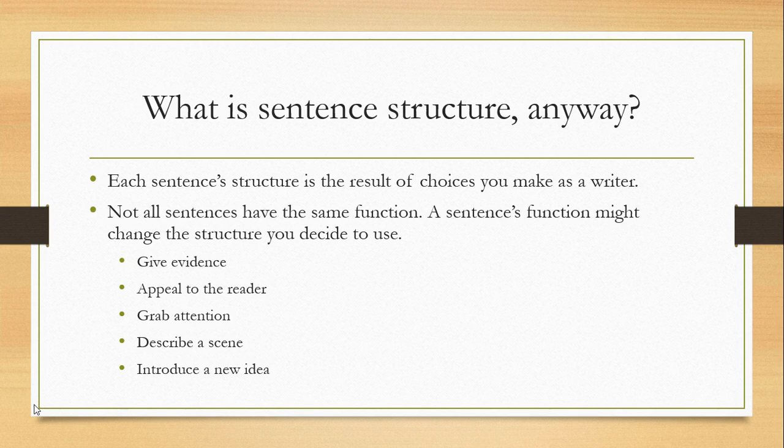For example, you might write different sorts of sentences according to their function, and a sentence's function might change the structure you decide to use. For example, if you are just giving evidence to a reader, if you're providing information, you might write sentences with a particular structure. But if you are trying to grab the reader's attention, you might use a different sort of structure.